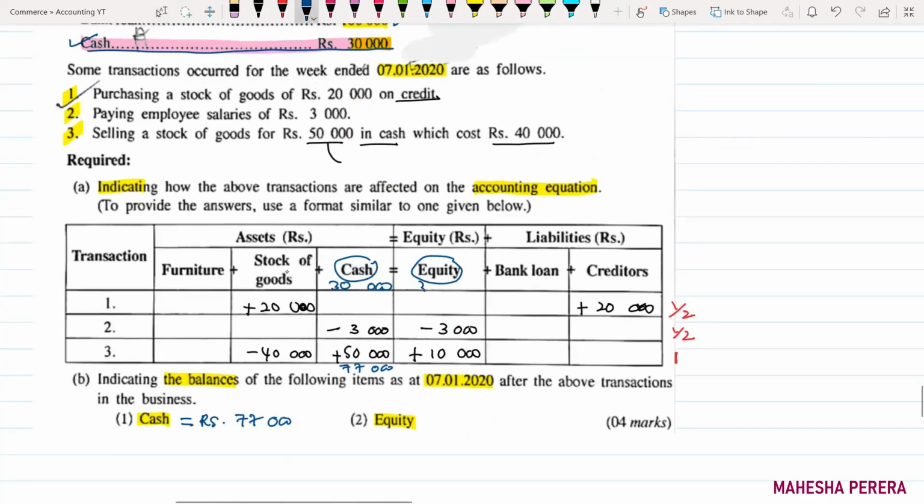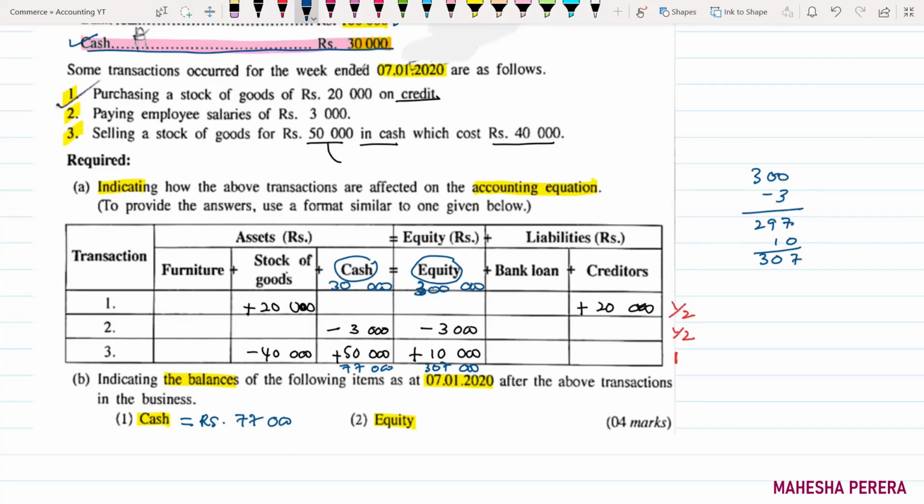Now, what's the closing balance then? 300,000, or let's take 300 minus 3 is 297, plus 10 is 307, right? So our value should be 307,000.